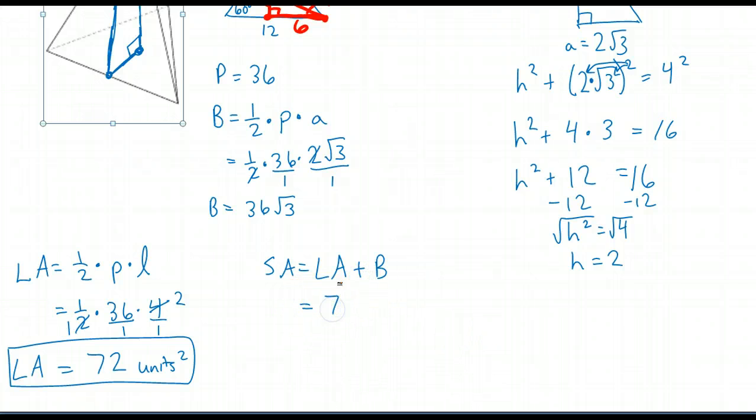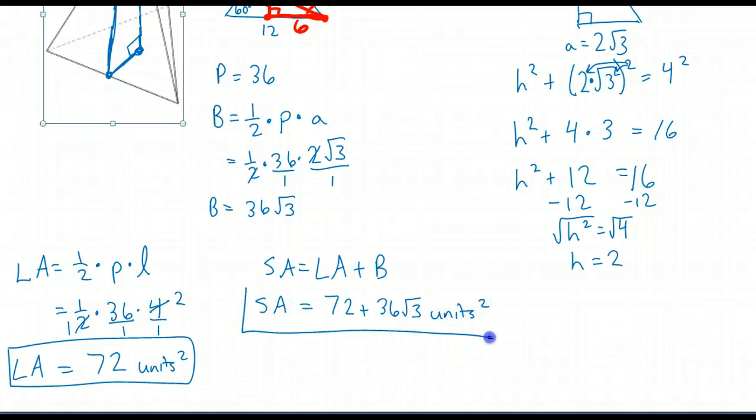So I have 72 and 36 square roots of 3. Well, 72 is an integer, and 36 square roots of 3 is an irrational number. These are unlike terms. I can't simplify them. So that is my final answer. 72 and 36 square roots of 3 units squared.